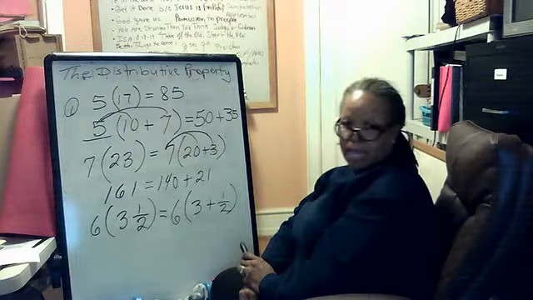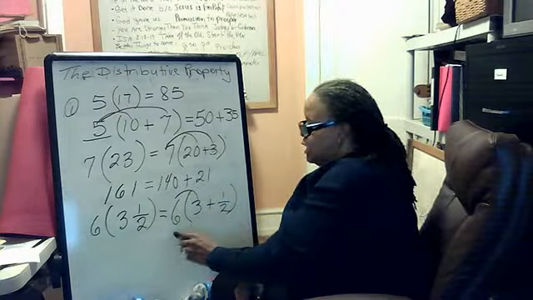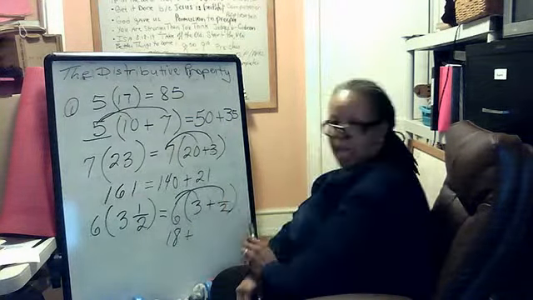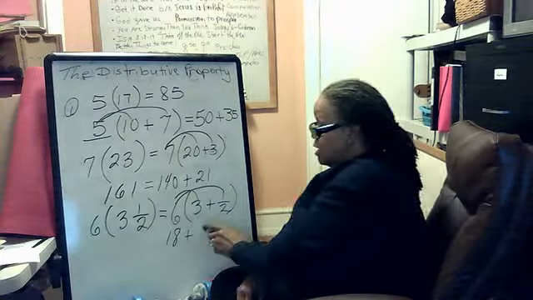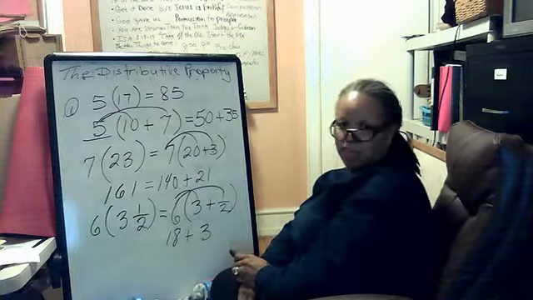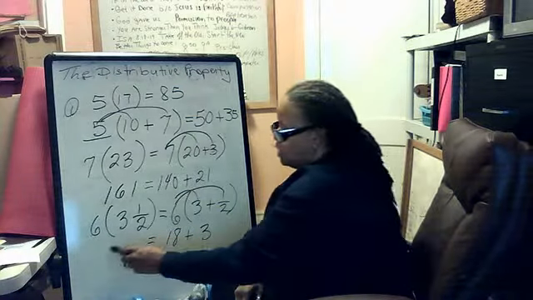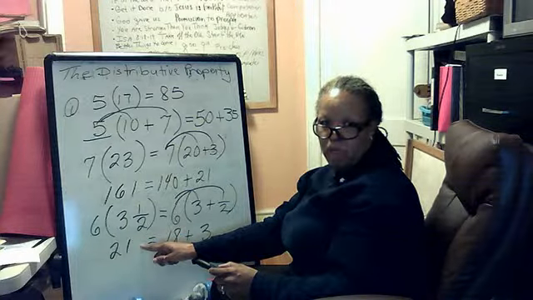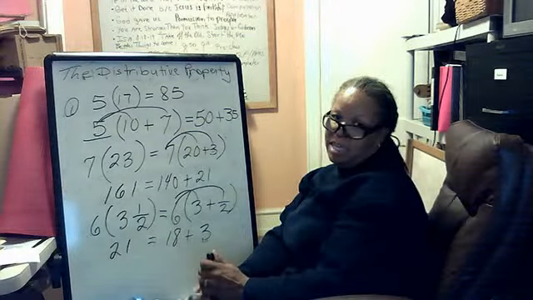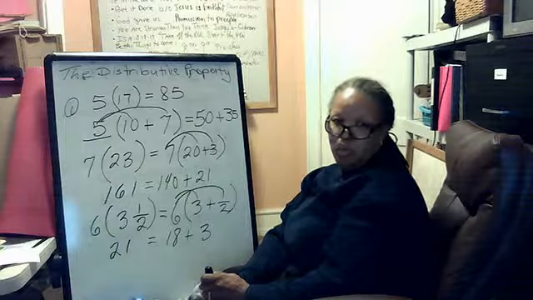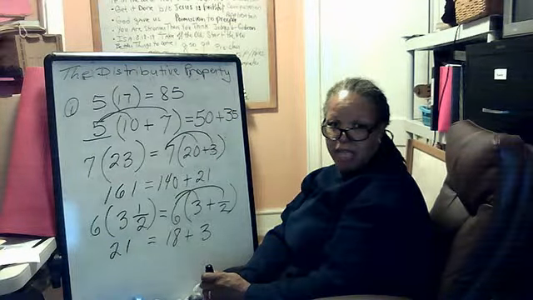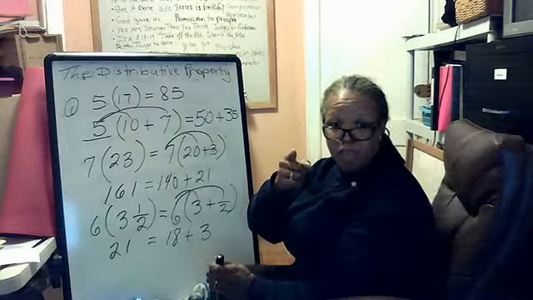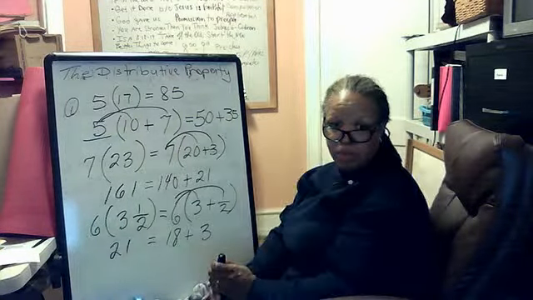We can quickly get that answer. 6 times 3 is 18 plus, what's 1/2 of 6? 3. And 18 plus 3 is 21. So 6 times 3 1/2 is 21. The distributive property is phenomenal, and you will use it plenty of times. That's why we've put it on this video, so that you can benefit from using the distributive property.